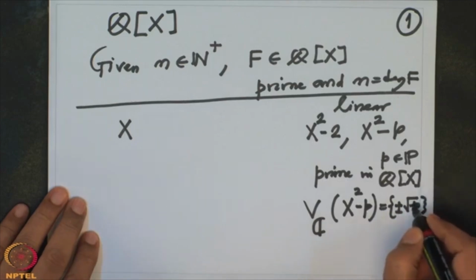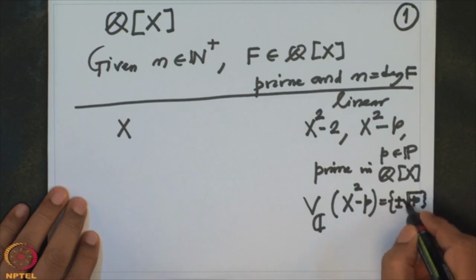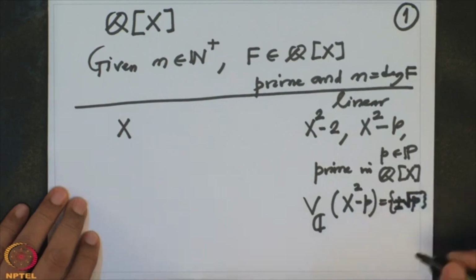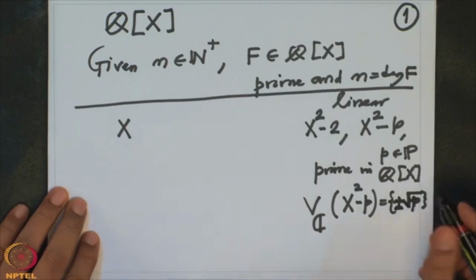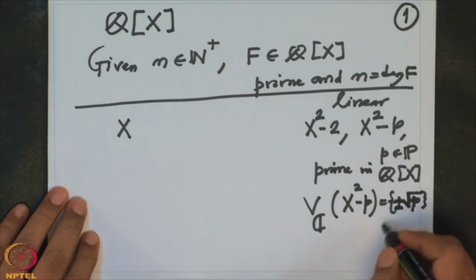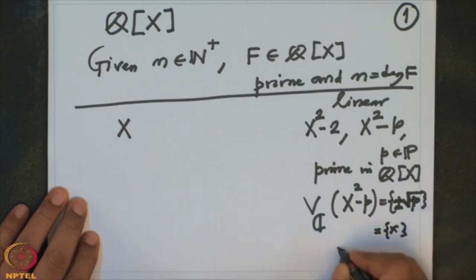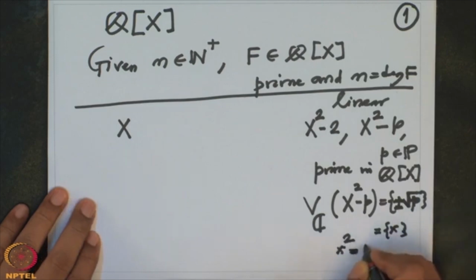It is better to write that as small x, where x squared is p.